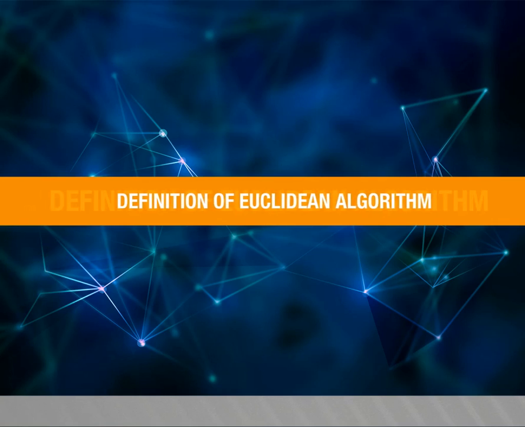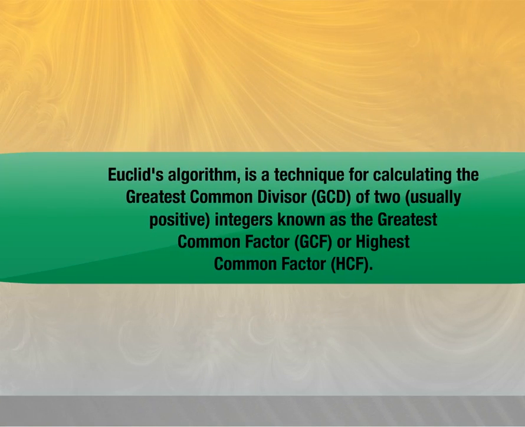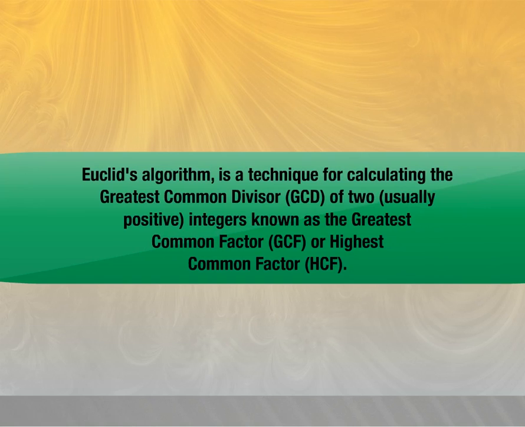Definition of Euclidean algorithm. In this video, we are going to see about the definition of the Euclidean algorithm. Euclid's algorithm is a technique for calculating the greatest common divisor, GCD, of two usually positive integers, also known as the greatest common factor, GCF, or highest common factor, HCF.